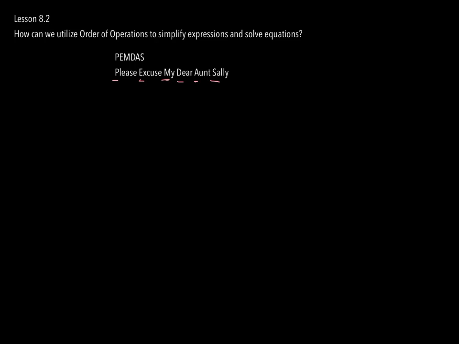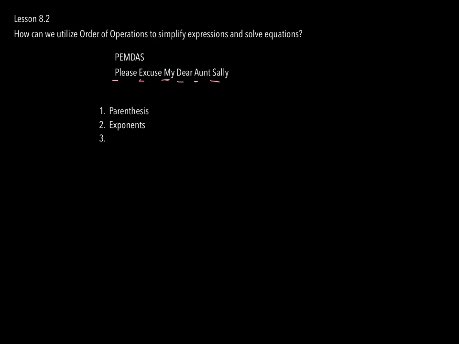Now, this is essentially our order of operations, because the first thing that we should do, and maybe I'll type this because it'll be a little bit neater. One, we should do parentheses. Second, we should do exponents.